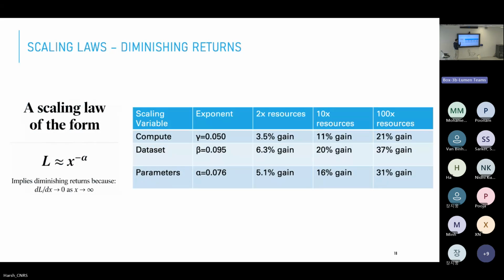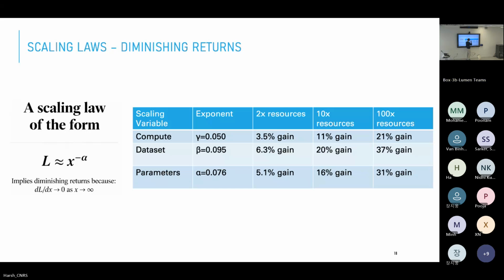Let's say your law scales as x to the power minus alpha, where alpha is very small. Then you can extract those coefficients, and you can see that if you have 2x the resources, you gain, say, 3% accuracy or any other metric by doubling the compute, or 6% by doubling the data set, or 5% by doubling the parameters. But you begin to lose out on the gains.